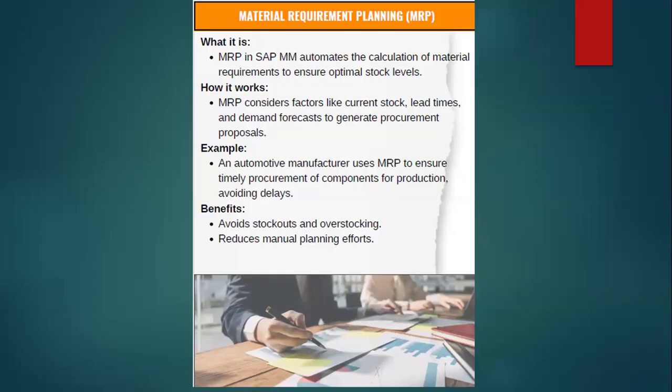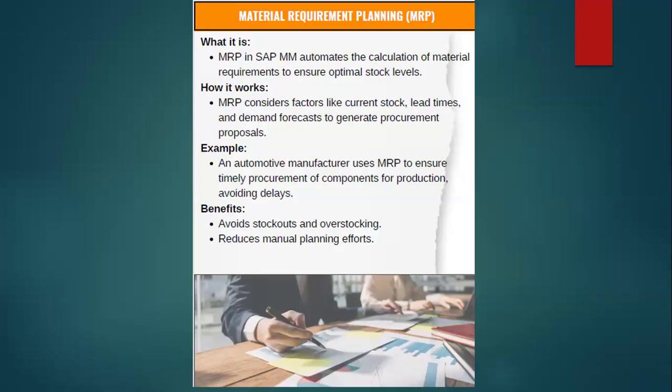He will just create a planned order that we can later convert to a purchase requisition. Then the purchase requisition can automatically convert into a purchase order. Then after the purchase order, the goods will be received, and we can do the payment to the vendor.